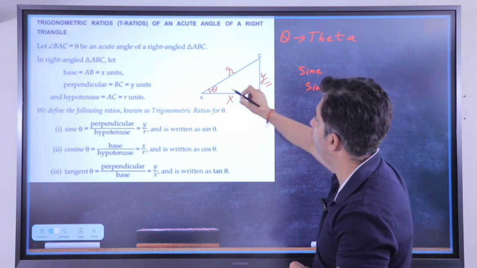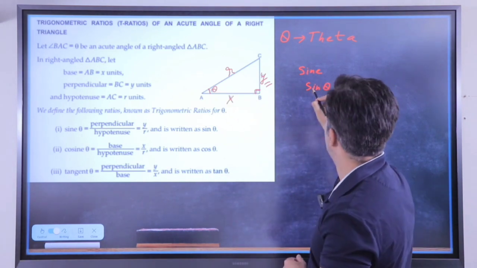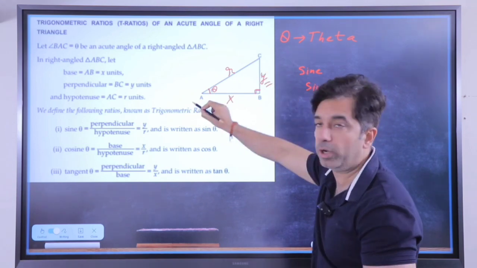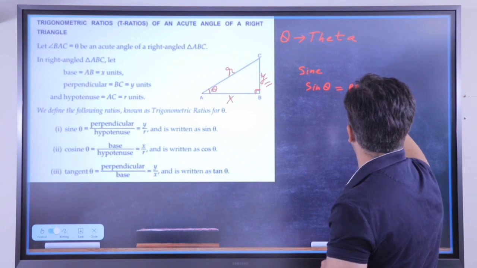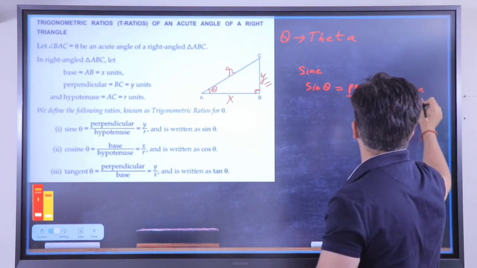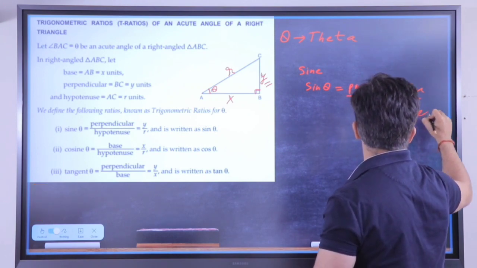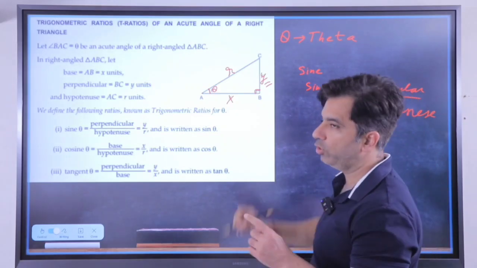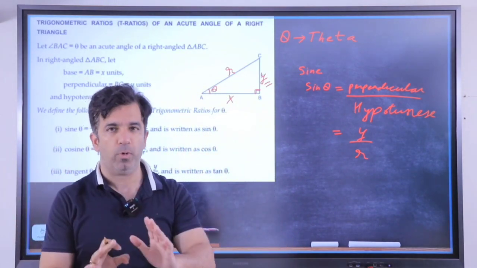We are talking with respect to this angle theta, so sin theta is perpendicular upon hypotenuse, which in this case is y upon r.